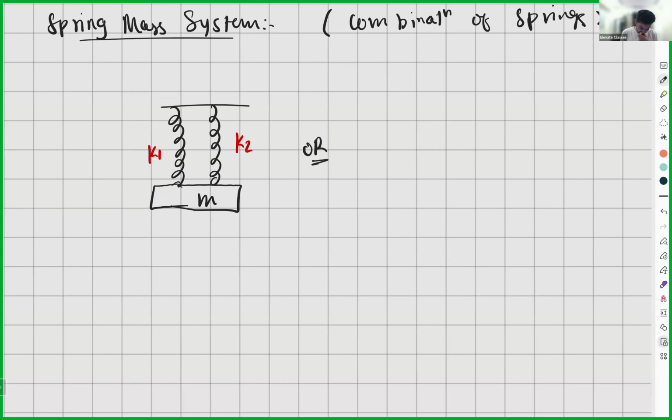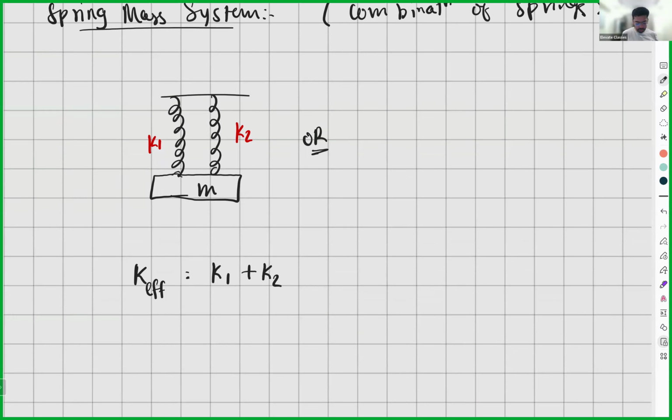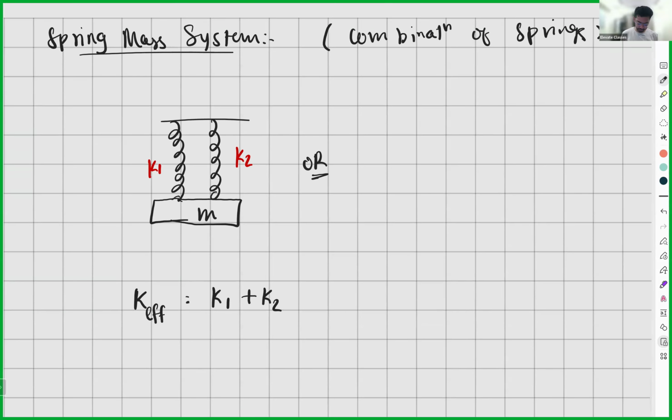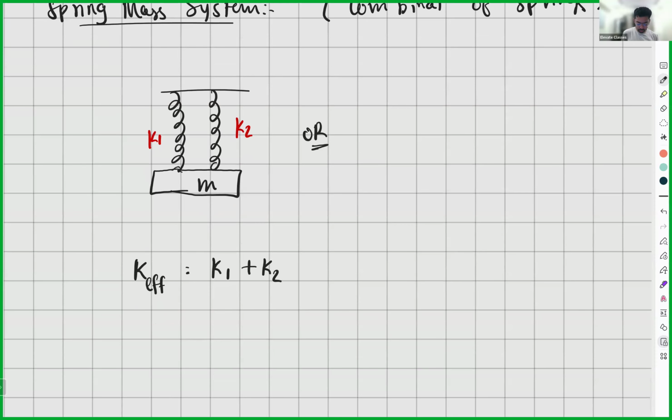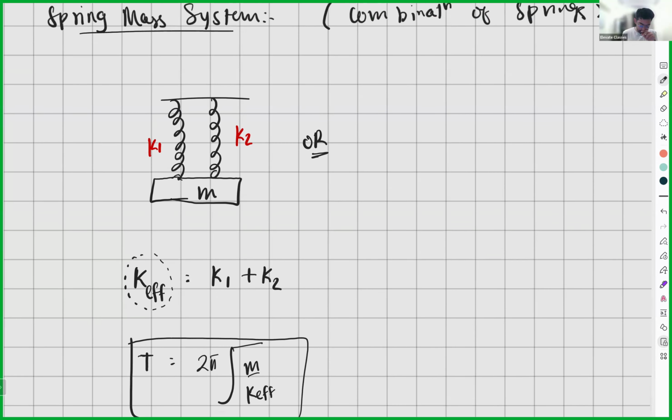Here the K effective will be K1 plus K2. This is used to calculate the time period. So the time period will be 2 pi root m by k effective, which is k1 plus k2.